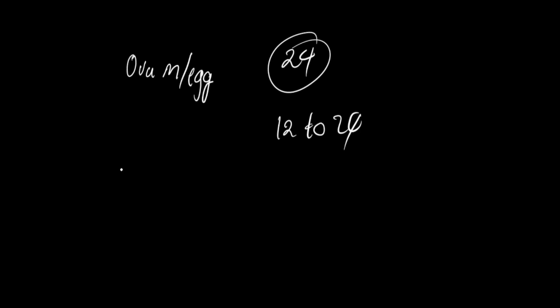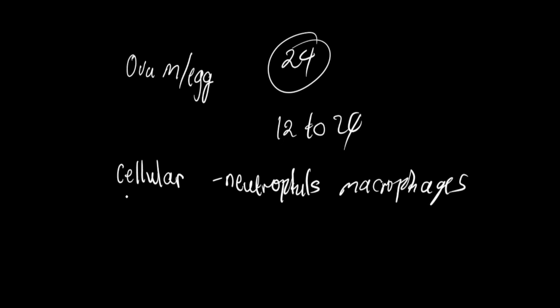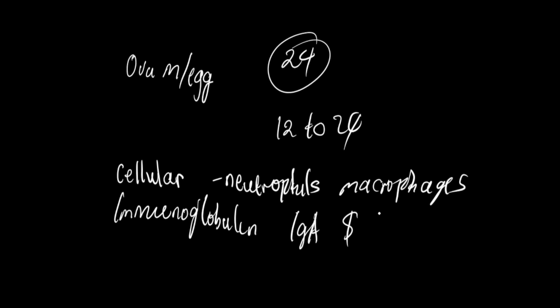These immunological strategies could be cellular, where we have neutrophils and macrophages, and we also have certain immunoglobulins like immunoglobulin A and immunoglobulin G. In as much as these immunological strategies exist, the sperm cells do not stimulate this defense mechanism.